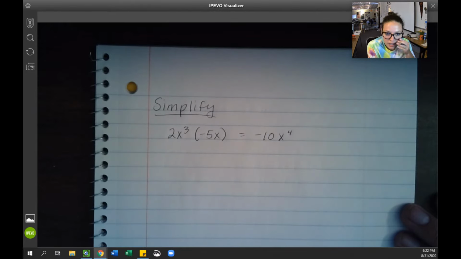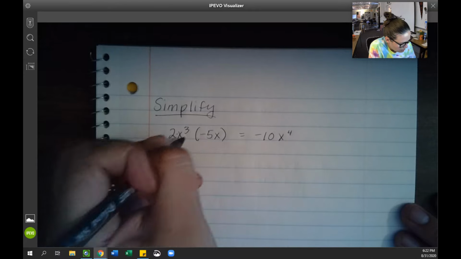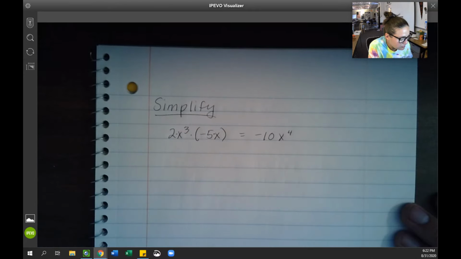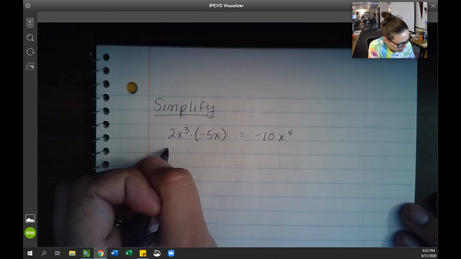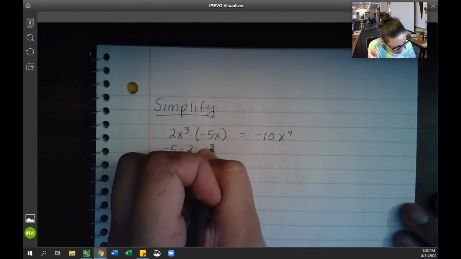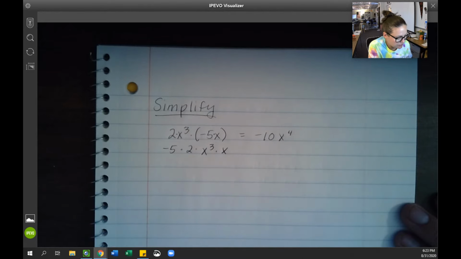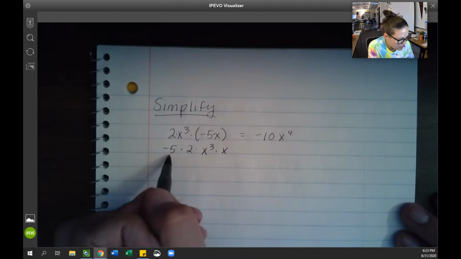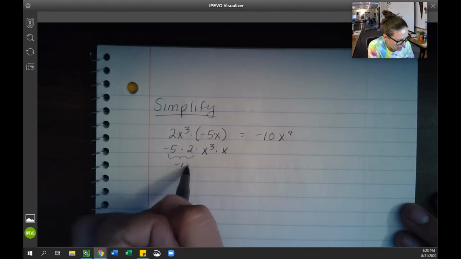Because remember, these are all just being multiplied together. And according to the commutative and associative properties, it doesn't matter what order we multiply things in. So I could move this totally around, and I could say I have negative 5 times 2 times x cubed times x. And then you can very clearly see that this is going to give you negative 10.